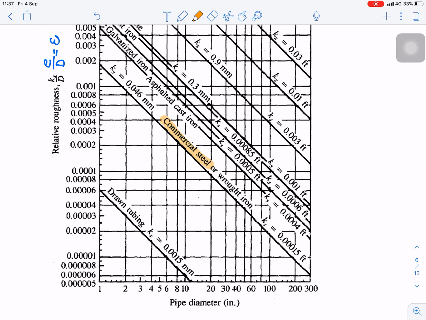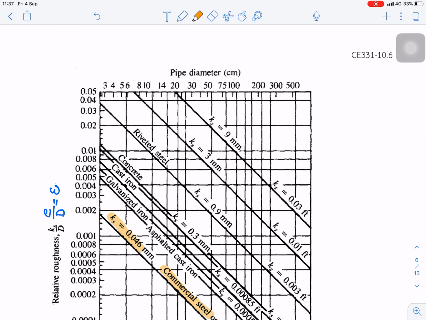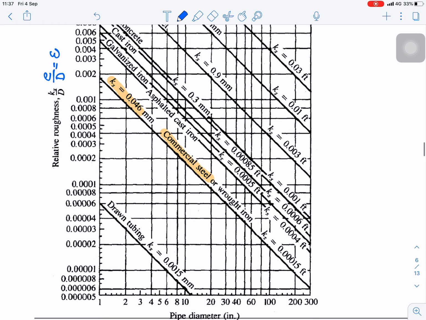On this line, the absolute roughness is 0.046, and we can read this from here. With the diameter 100 centimeters, we can draw the line from above to cut here, and it's about 4.6 times 10 to the power minus 5.